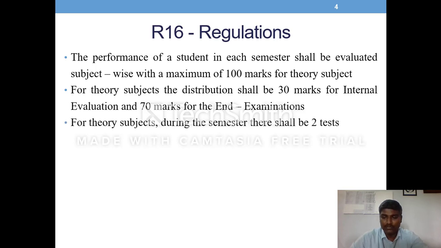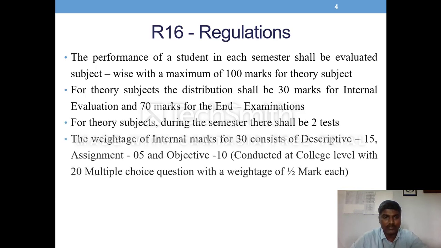There shall be two tests for the theory subjects, and if you see the weightage, descriptive will be 15 and assignment 5 marks, and the objective test is to be conducted with 20 multiple choice questions. The weightage of half mark each will have 10 marks. So total together 30 marks. This is the internal evaluation.